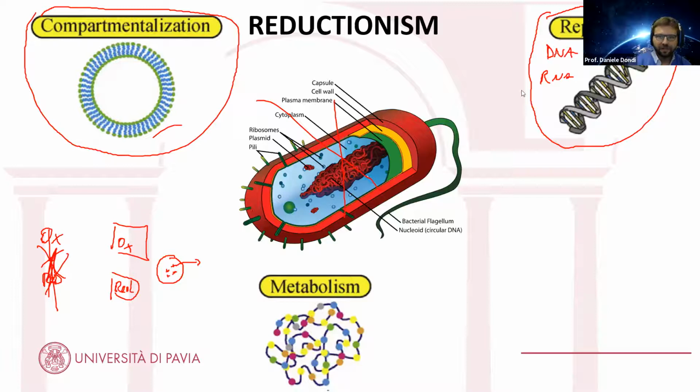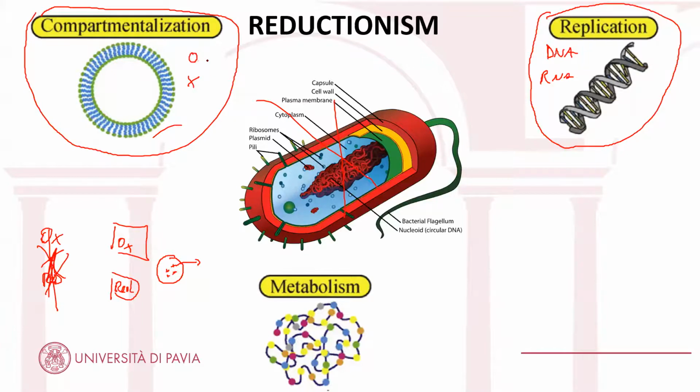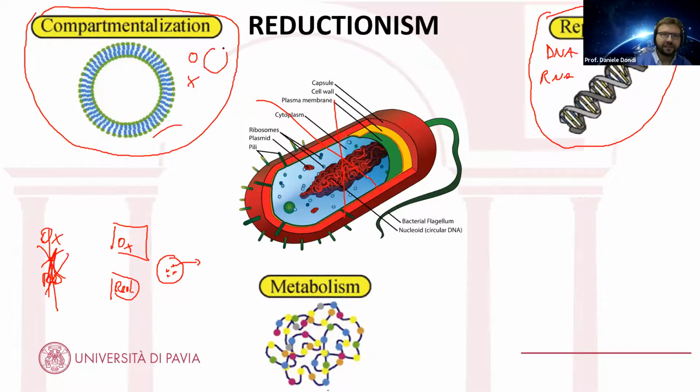So for someone, compartmentalization is more important than replication, because, as we will see later, it's possible to have vesicles that are able to grow and duplicate. I'm not defining what life is for me, but for the people studying compartmentalization, when you have a small vesicle that grows and then divides into two, for them this is life.